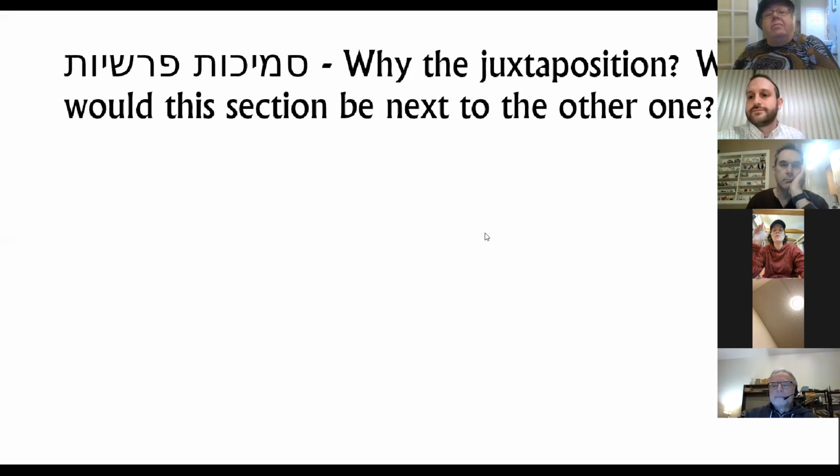Both Yosef and Yehuda go on to be leaders. They're both leaders in their own right, and you could see how each of them handles the situation differently.